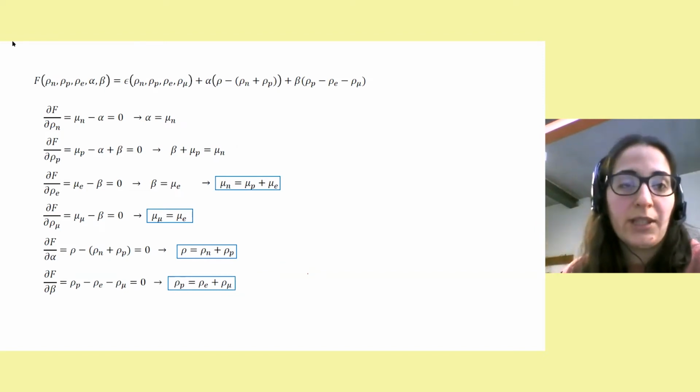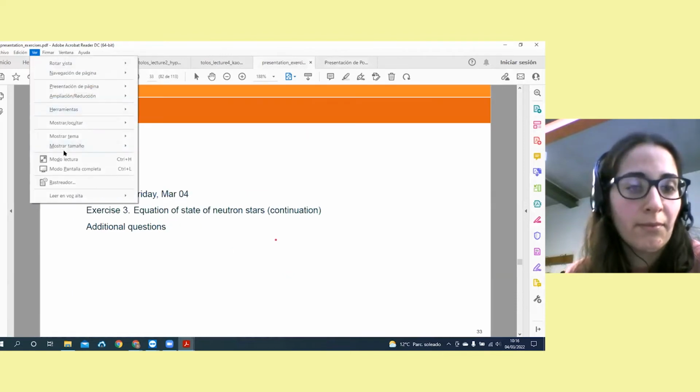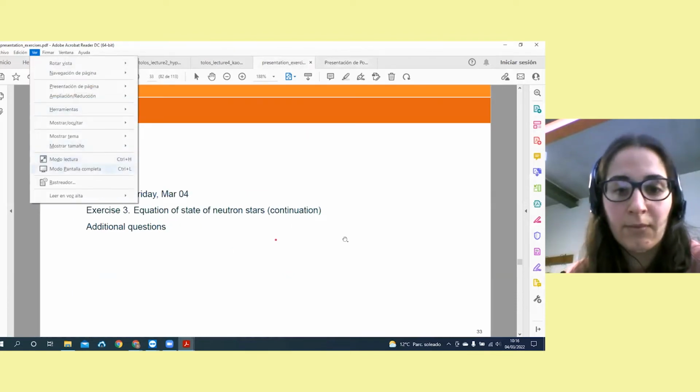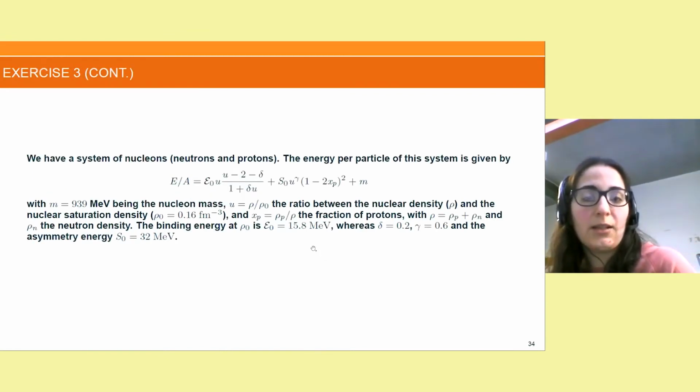So let's go back to the exercise. We had this parameterization for the energy per particle of the system, in terms of the proton fraction and the baryonic density of the system.